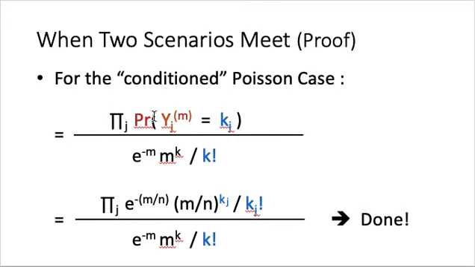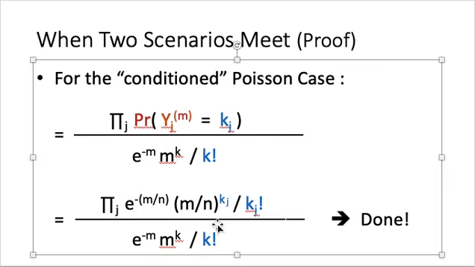Now, for the numerator, it is expanded. We are replacing this term by the definition. As we can see, there are n terms of e to the power minus m over n multiplying together, so this will eventually cancel with this e to the power minus m.